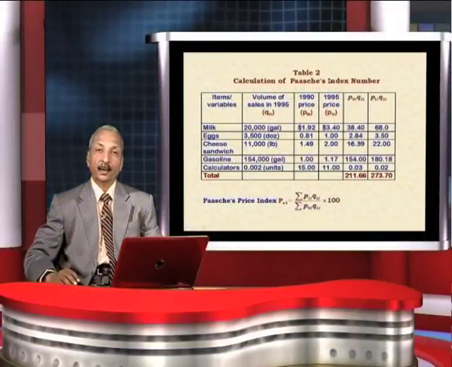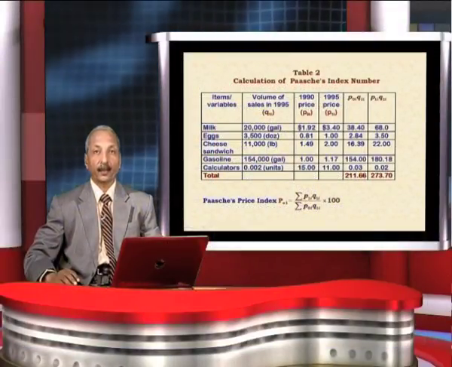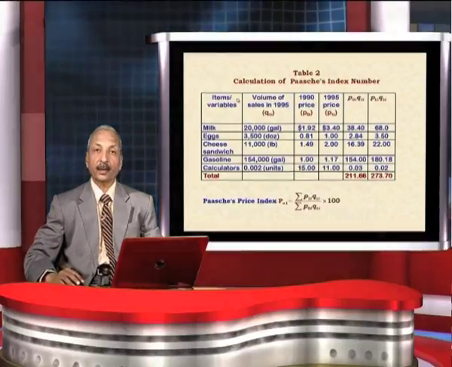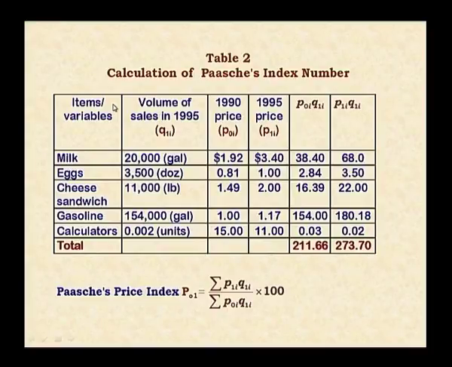Now, let us see how Paasche's index number can be computed. In this table, we see that the first column gives the name of the items under consideration. The second column gives the volume of sales in the year 1995, where the year 1995 is the current year and the base year is 1990, and here the prices of the items in the base year and in the current year are given in these two columns.